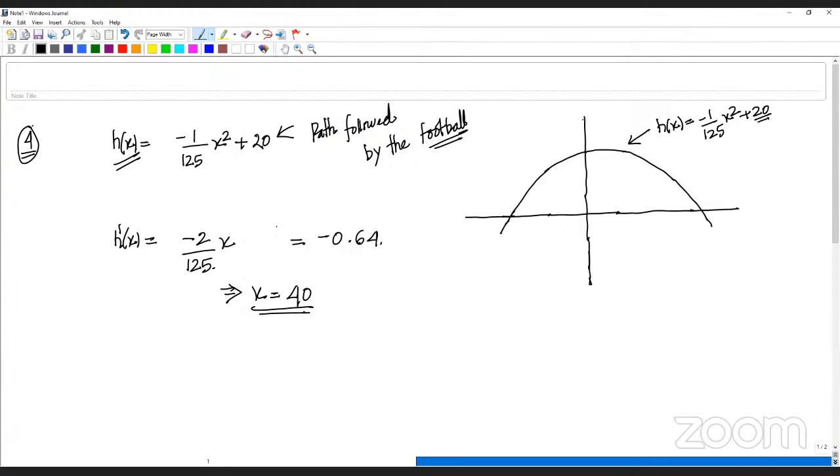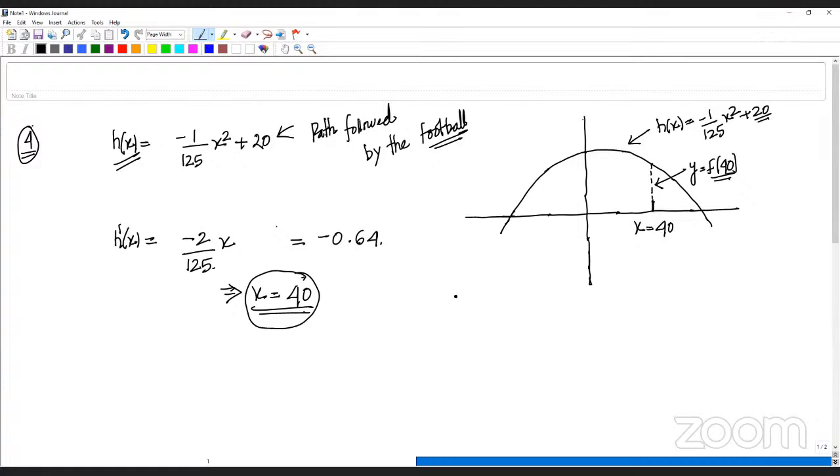So at this point, when x is 40, the player takes the header. That means f of 40 will give me the height of the football at this point.